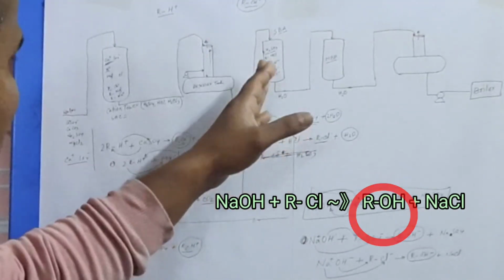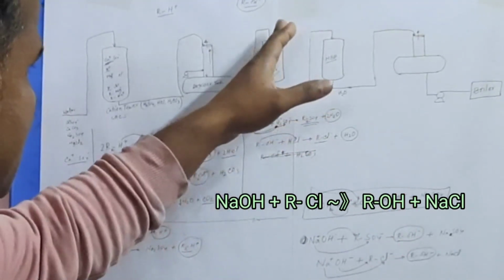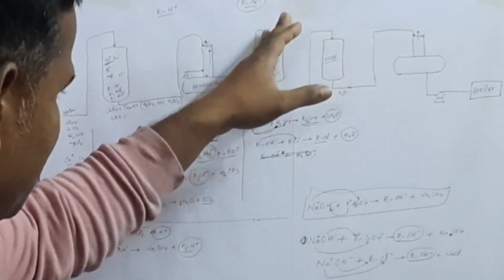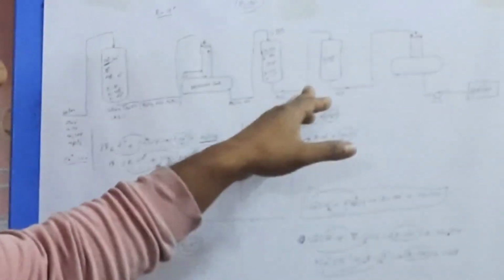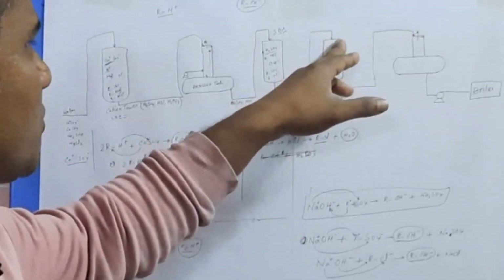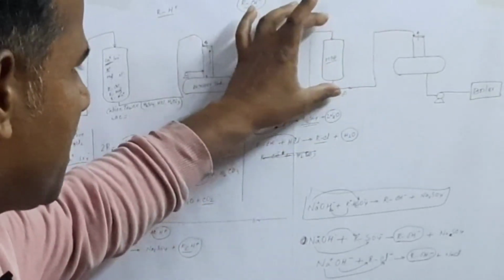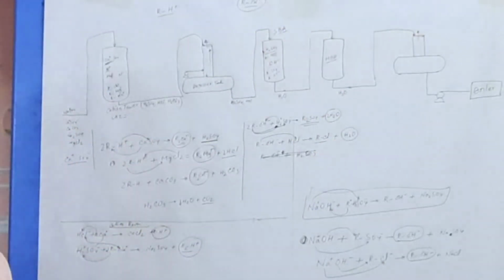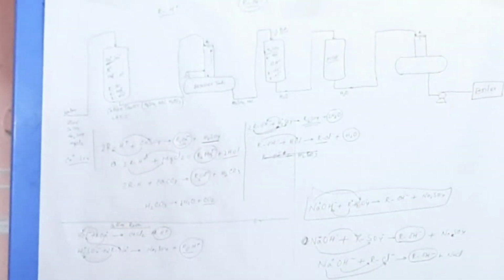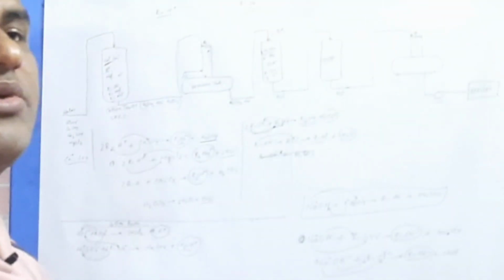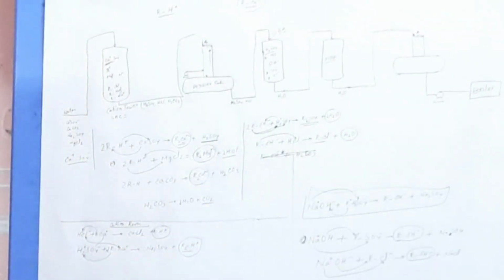After completing the regeneration of the strong basic anion tower resin, the water passes to the mixed bed polisher unit. This mixed bed polisher unit follows the same process, because it contains cation resin and anion resin.